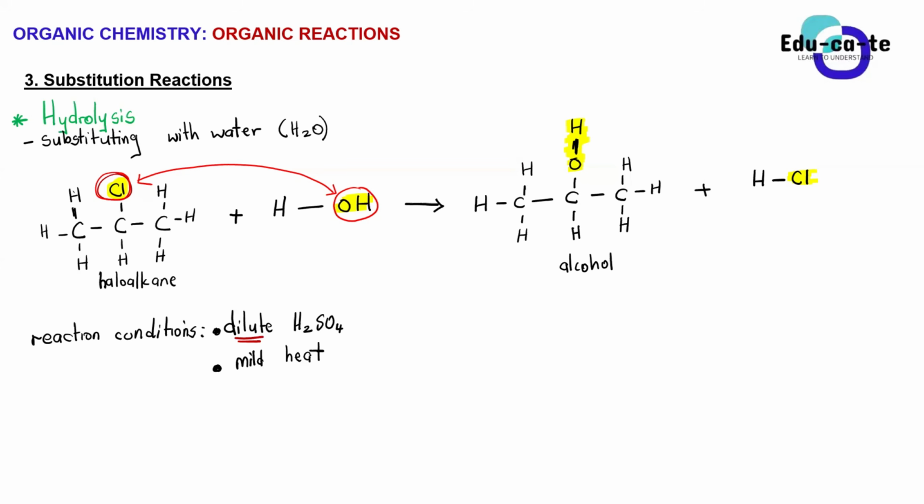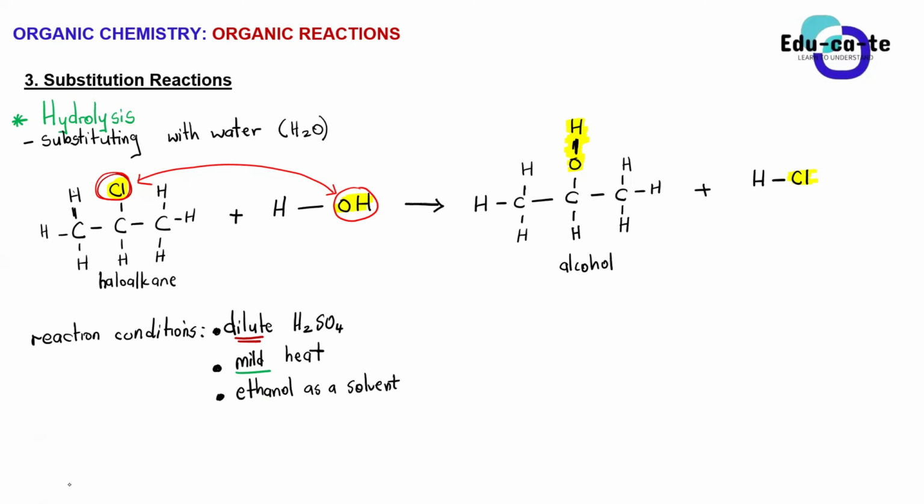We don't require a hot plate or maybe a stove for us to do this reaction. We just need an average amount of heat, a mild heat. We also require ethanol as a solvent.